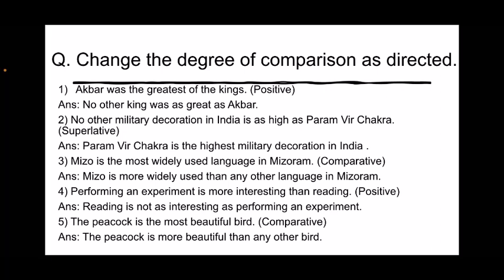Now, to show in superlative degree, they have used most beautiful. Since we have to change it to comparative, we have replaced most with more. More beautiful. Then after beautiful, we have added than any other word. So in comparative degree, the sentence is written as: the peacock is more beautiful than any other bird.